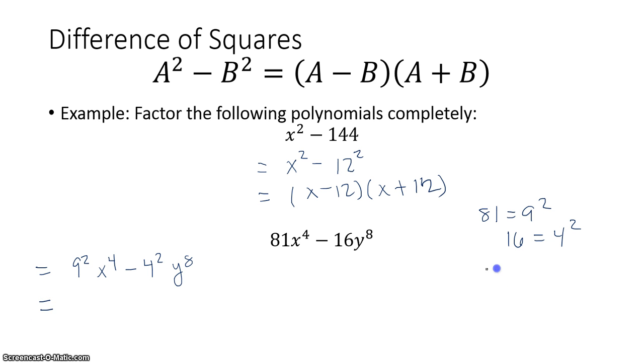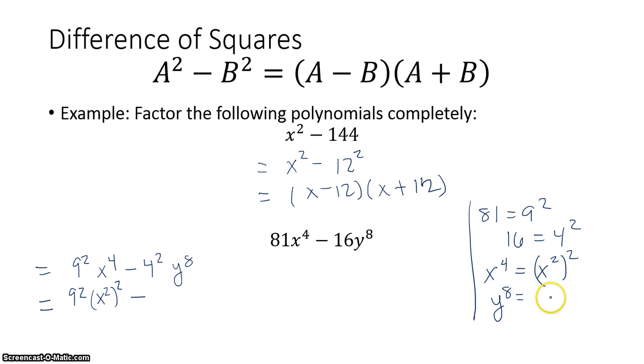The way I want to do that is, so here's my side work. X to the fourth, we know from our exponent rules, I can write this as x squared squared. So I'm going to write that over here. So I have 9 squared times x squared squared minus, and along the same lines, y to the 8th, I can actually write that as y to the fourth squared, so 4 squared, y to the fourth squared.